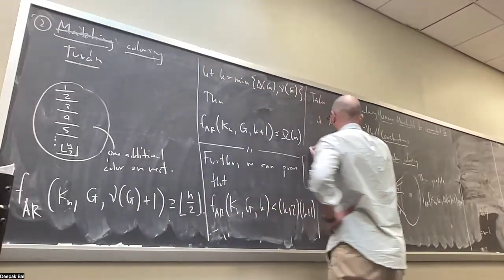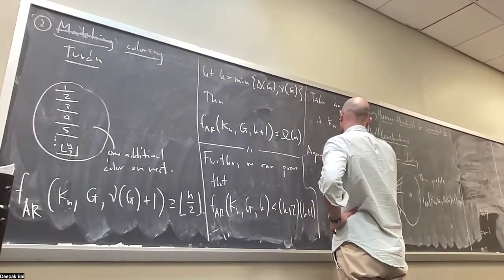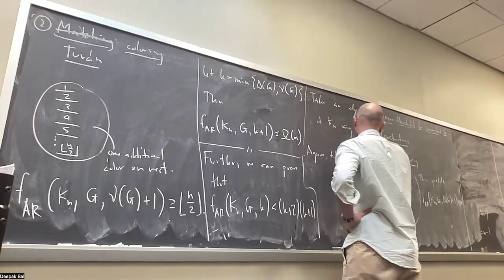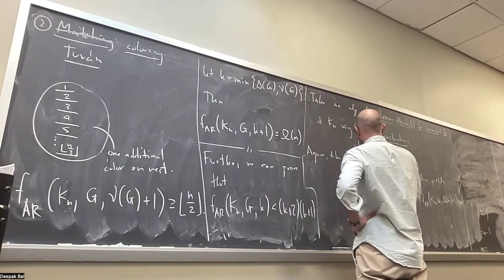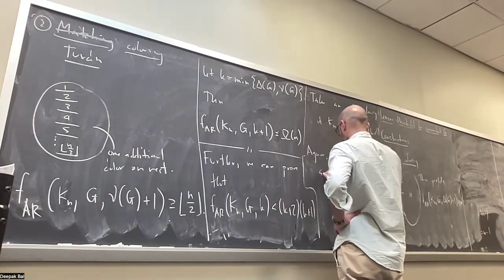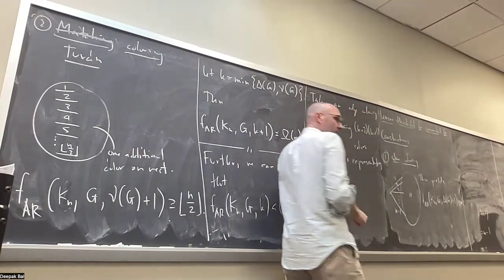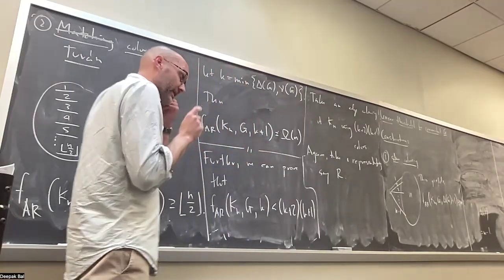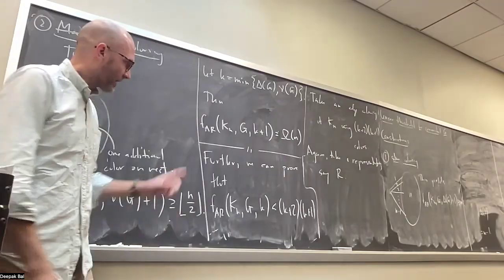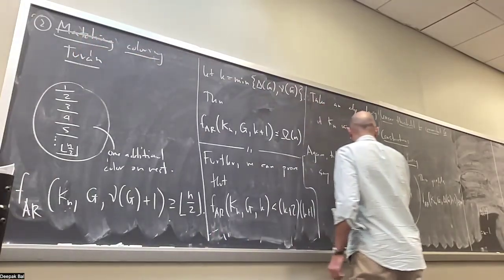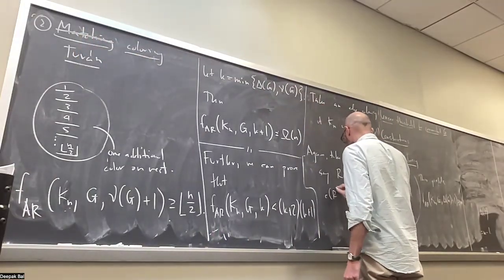So again, a representation is one edge of every color, right? So the number of edges in all.